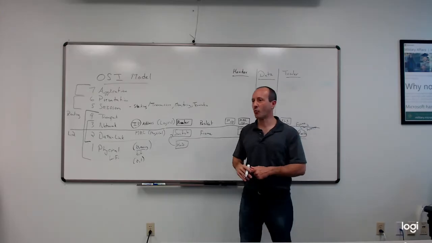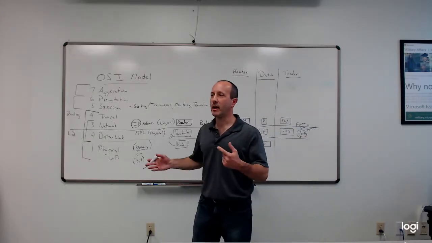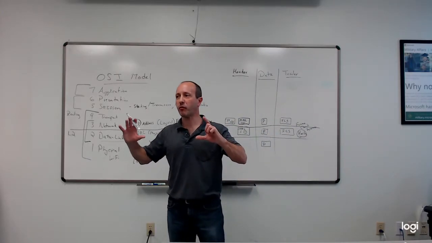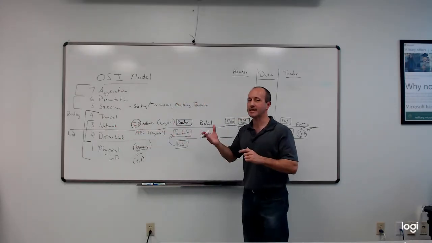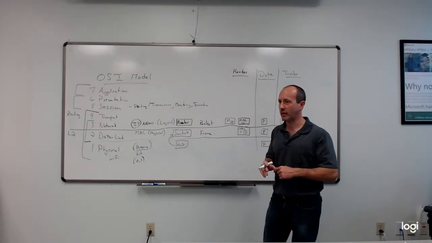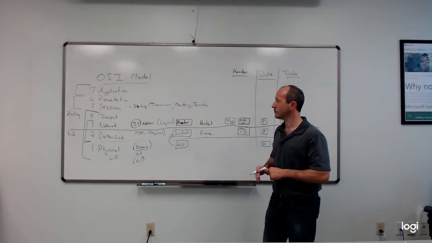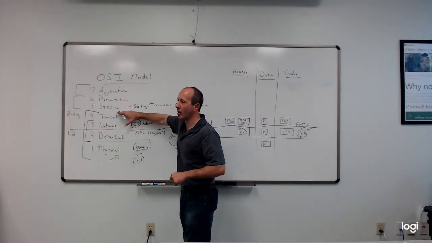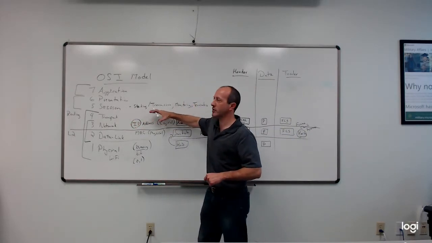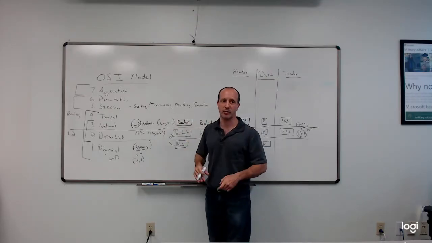Every transmission, once the final packet's been sent, that open communication link between point A and point B has got to be stopped, otherwise it's a security risk. So the session layer protocols are responsible for starting, monitoring, and stopping the transmission from point to point.